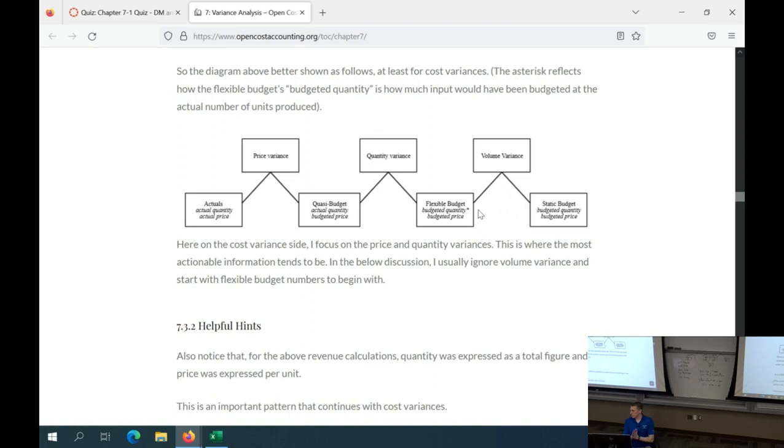So the flexible budget uses our standard quantity per finished goods unit times the actual volume of finished goods units we produced. Whereas the static budget uses the budgeted number of finished goods units times the standard quantity of direct material units per finished goods unit.